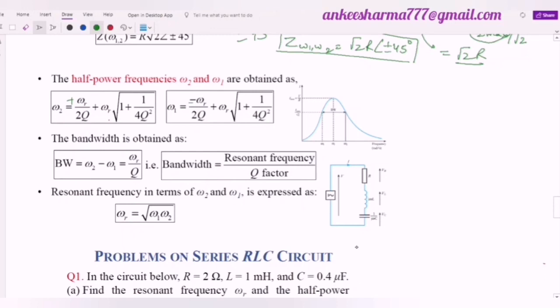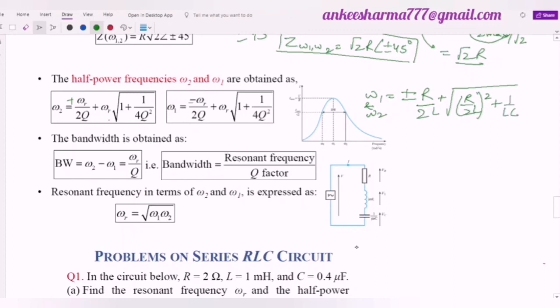Now these formulas are used where the value of resonant frequency and the Q is given. In some of the questions you will find the values of R, L and C. So in that case omega 1 and omega 2 will be equal to plus minus R by 2L plus under the root of R by 2L whole square plus 1 by LC.